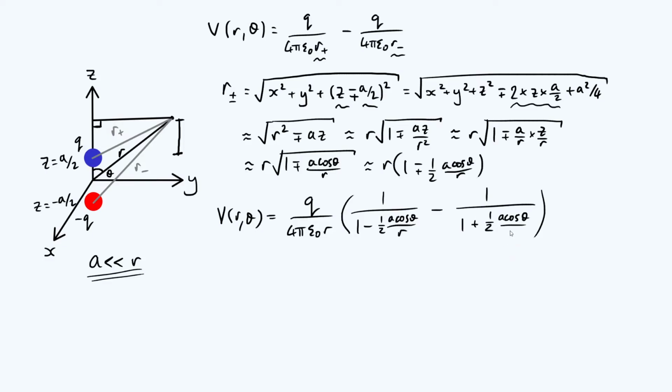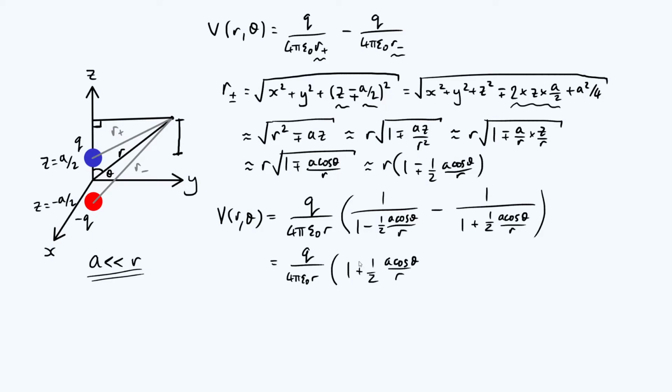Right, we're going to make yet another approximation. We can do some more binomial expansions, right? Because 1 over something is the same as that thing raised to the power of minus 1. Okay, and so what that means is, let me just write this prefactor, q over 4 pi epsilon r. This whole thing here, this first term, 1 over 1 minus half a cos theta over r, that is the same to first order in a over r as 1 plus half a cos theta over r.